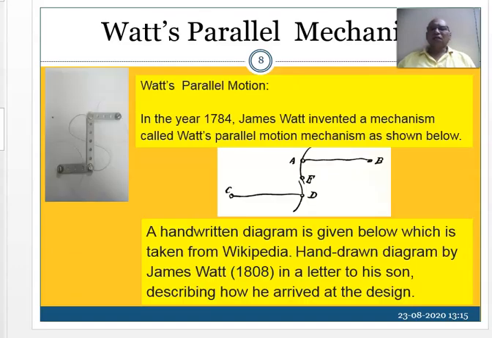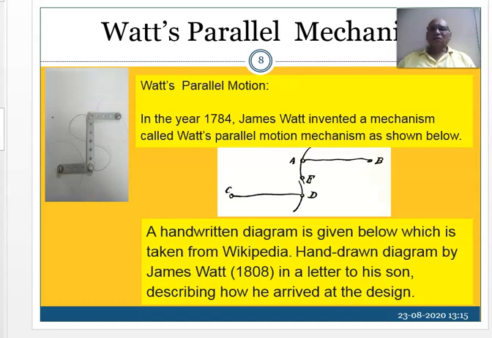And there was another problem statement, Watt's parallel mechanism. For this Watt's parallel mechanism, a photo is given on the left side, and actually it is a famous one. In 1784, James Watt invented a mechanism called Watt's parallel motion mechanism as shown below.